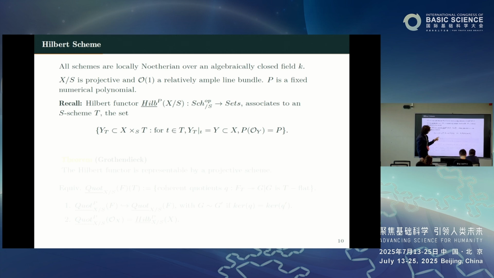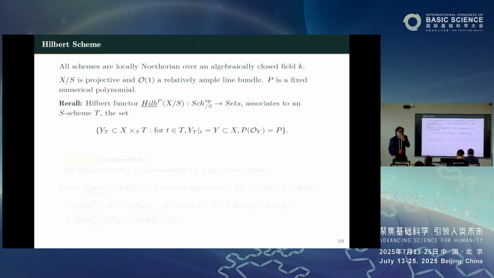What are those elements? They are subschemes of this guy, such that you can take a fiber of this guy over a point of T. That should give you some subvariety of X. And you want the Hilbert polynomial of the structure sheaf of that subvariety to be equal to P. So now, using polynomials, I can parameterize subschemes.